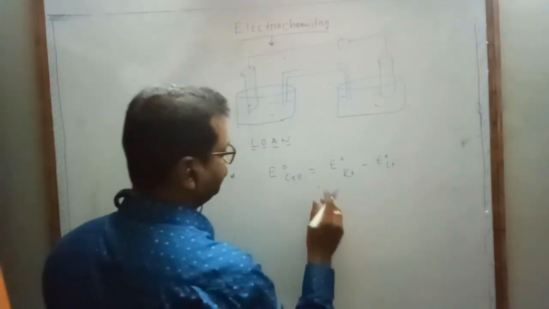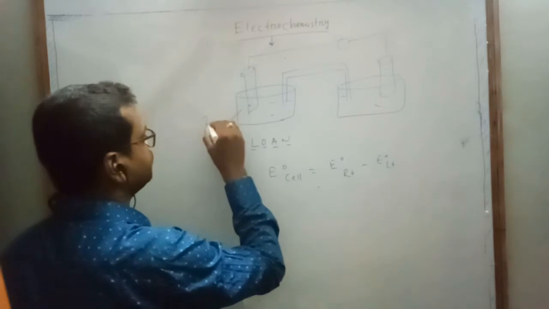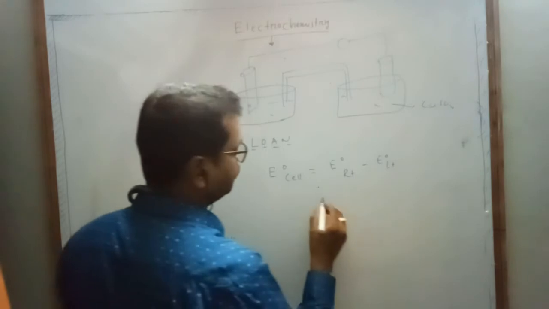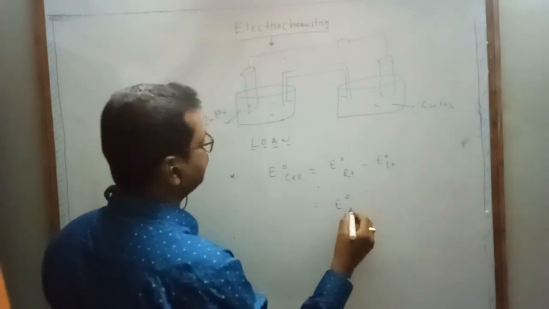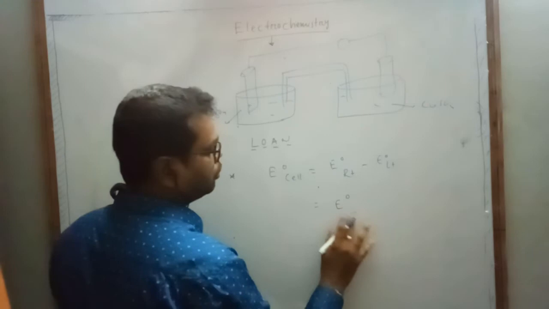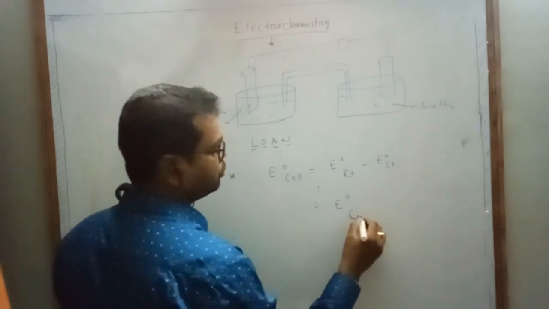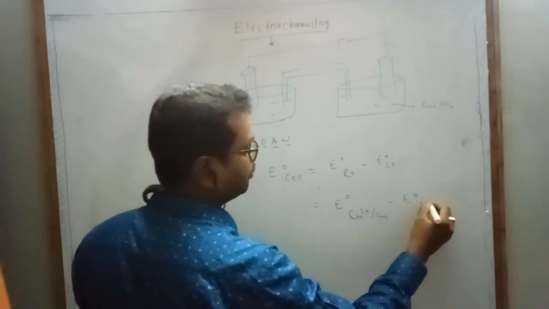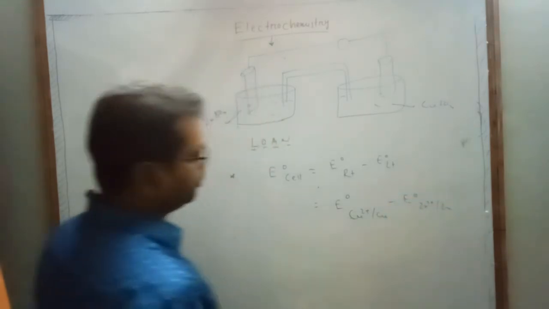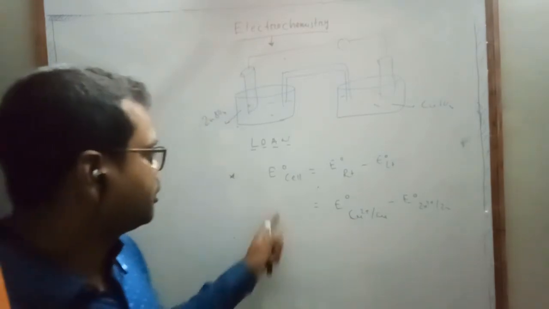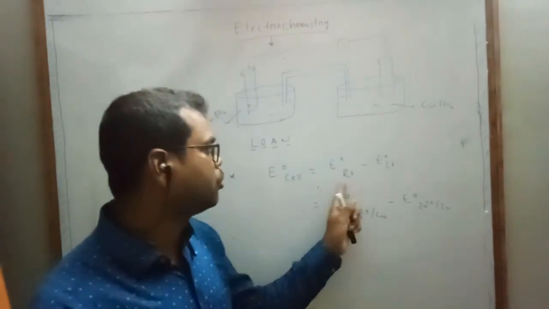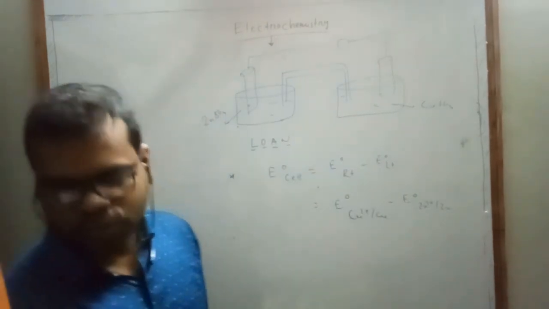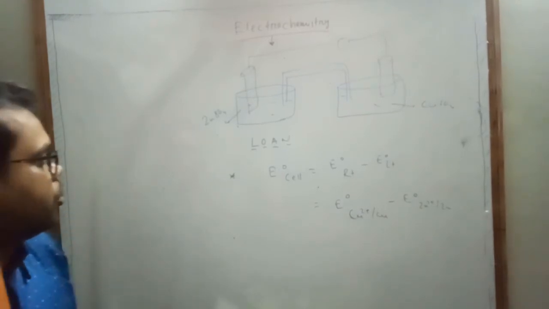Here we have taken zinc sulfate, here we have taken copper sulfate, so that can be right. E naught of right means copper, so Cu2 positive by Cu, minus E naught of Zn2 positive by Zn. Actually we have taken the reduction potential in both cases, otherwise both are going to be added up if one is oxidation and another is reduction. So these things also we have to remember.